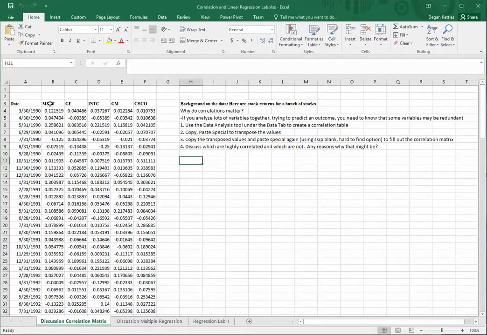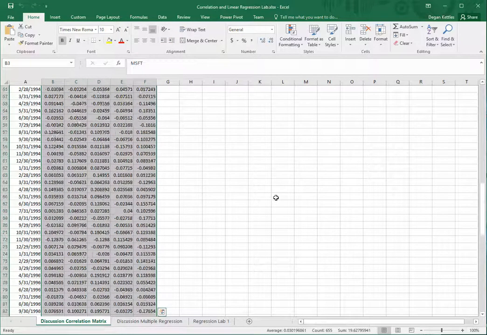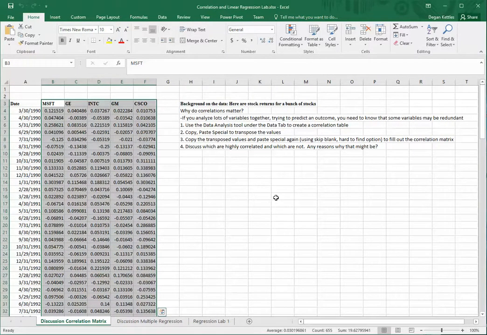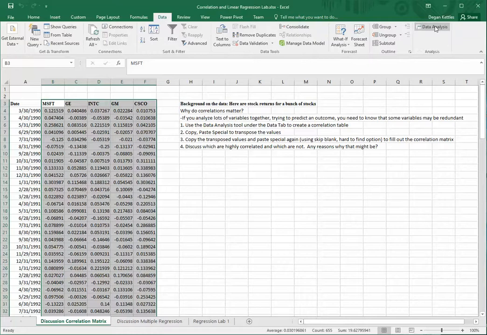A lot of research scientific papers contain a correlation matrix because that helps someone reading the study understand what's going to happen next, whether or not people have included, for example, redundant variables into some future analysis regression model.